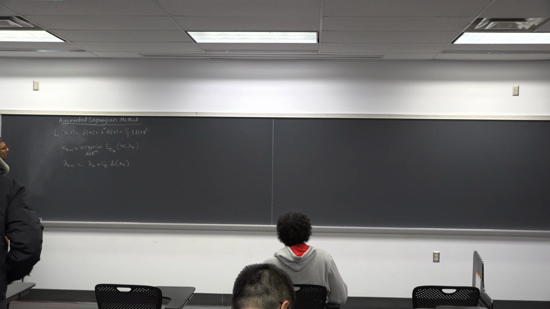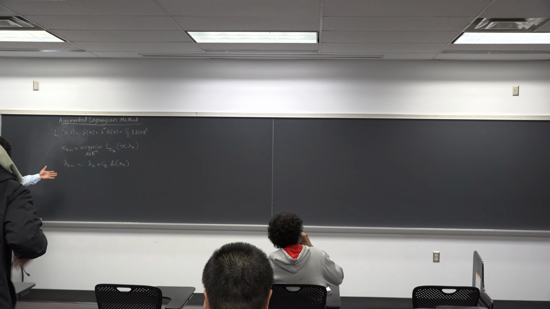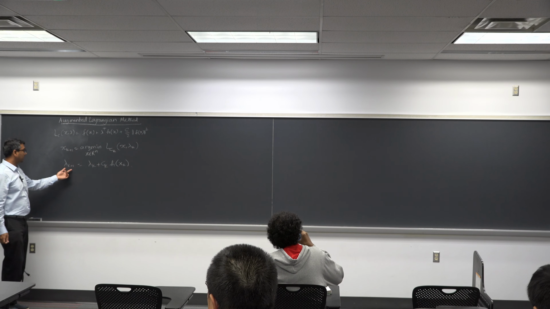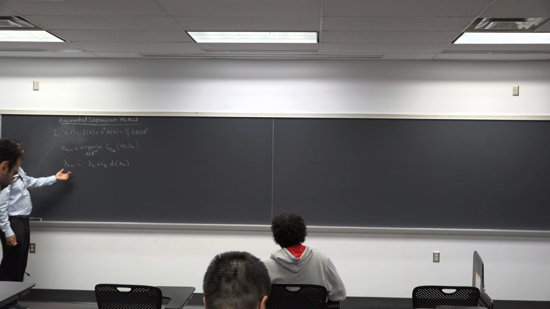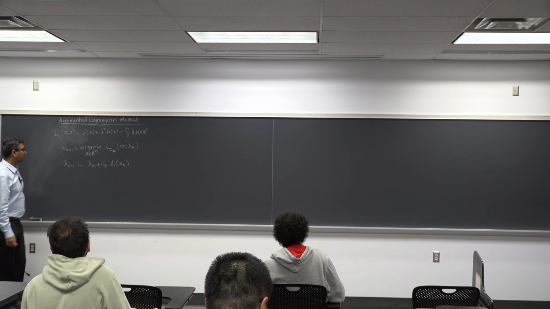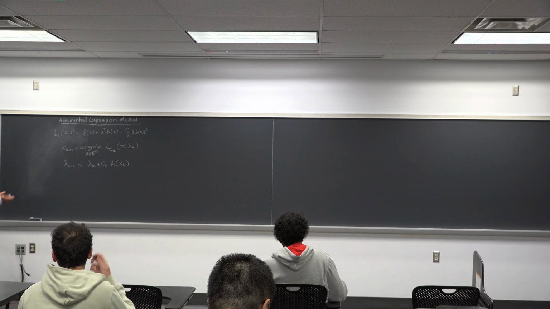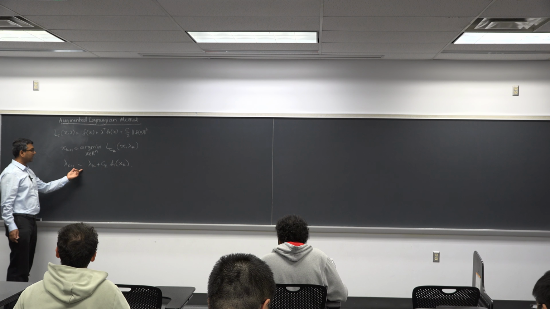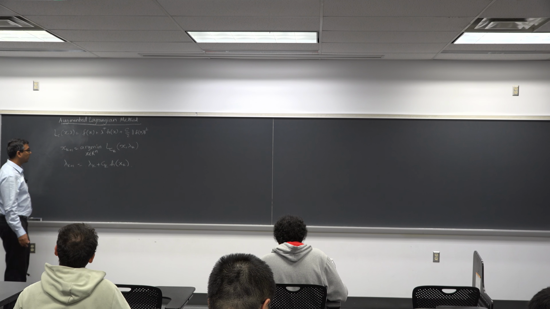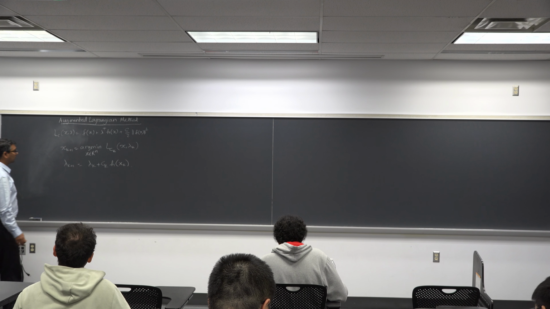But what this gives us is an algorithmic method to update lambda_k. In the original augmented Lagrangian method, we had to pick some lambda_k, and it need not be updated in a specific fashion. But if we update it in this particular fashion, we have some desirable properties of the algorithm, and this algorithm is known as the method of multipliers.